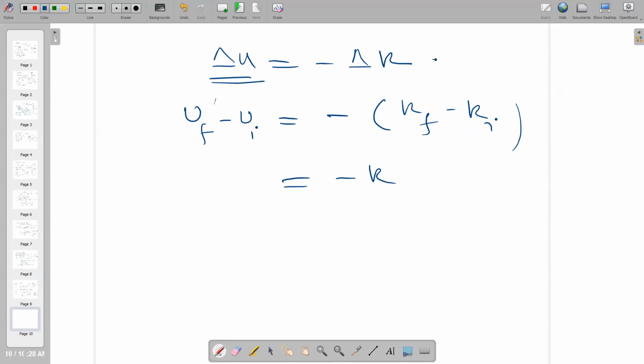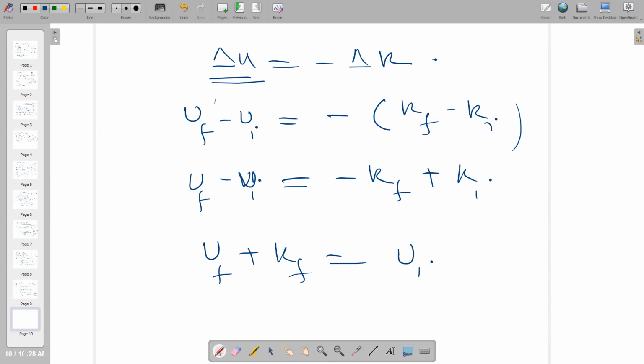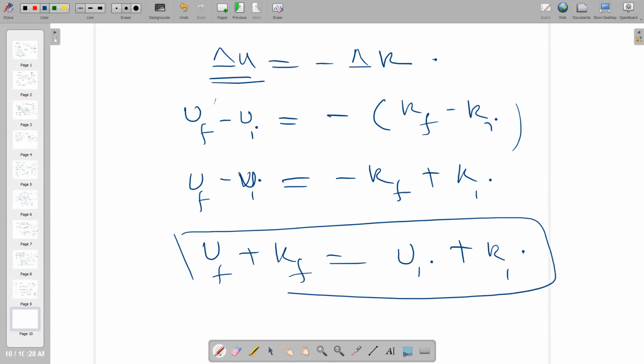So you can write KF minus KI, and UF minus UI. You can rearrange this equation: UF plus KF is equal to UI plus KI. This is called the law of conservation of energy, and this is the mechanical energy.